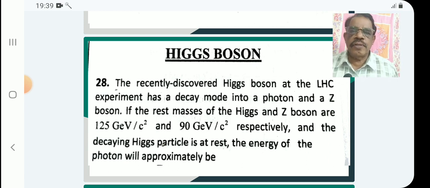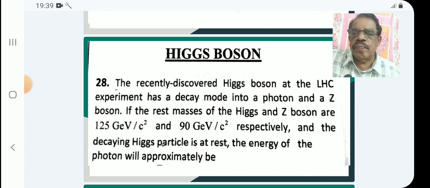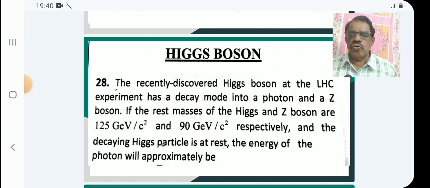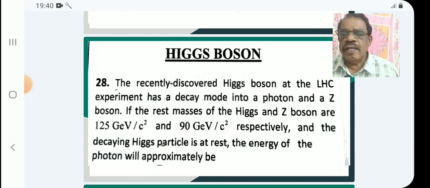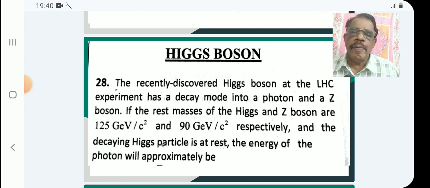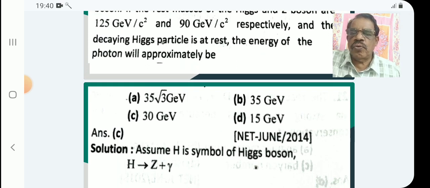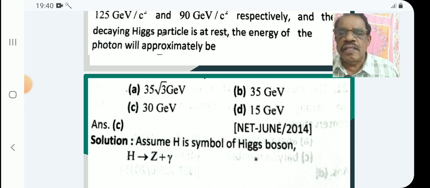If the rest masses of the Higgs and Z bosons are 125 GeV/c² and 90 GeV/c² respectively, and the decaying Higgs particle is at rest, the energy of the photon will approximately be: 35 root 3 GeV, 35 GeV, 30 GeV, 15 GeV. The answer is C, that is 30 GeV.